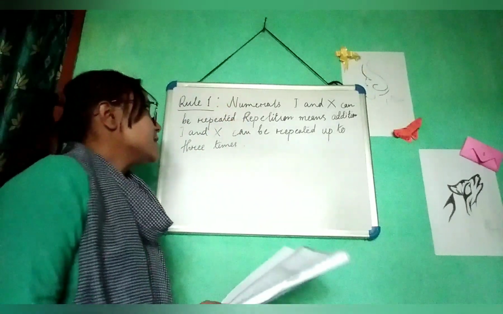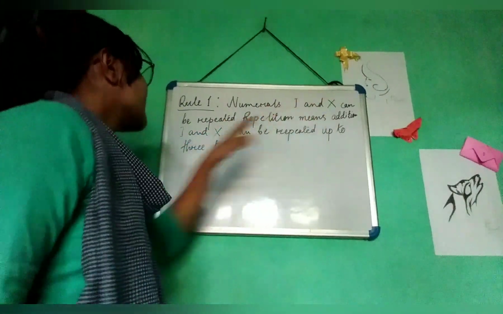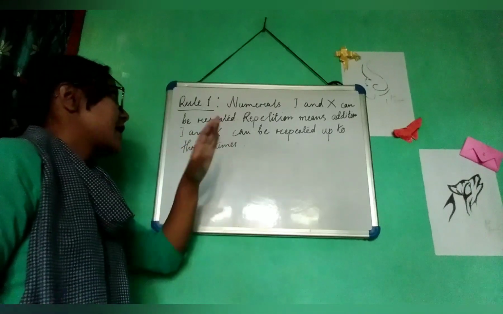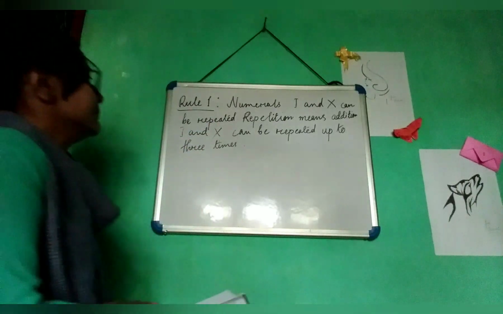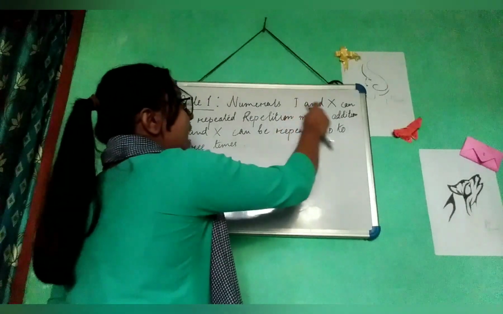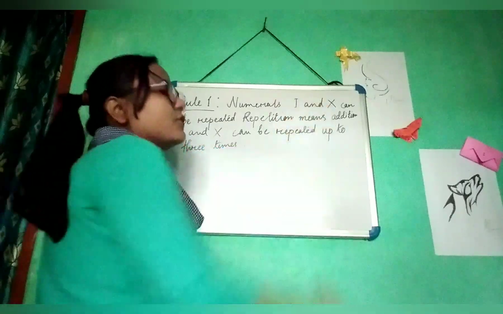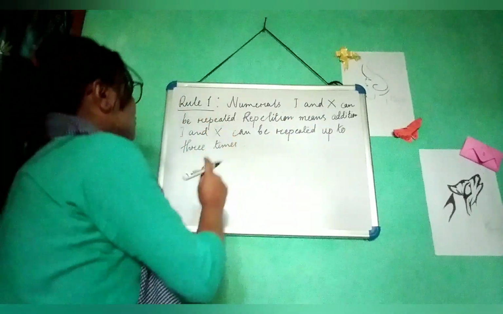So the first rule is that numerals I and X can be repeated. Repetition means addition. I and X can be repeated up to 3 times. So the symbols I for 1 and X for 10 can be repeated.